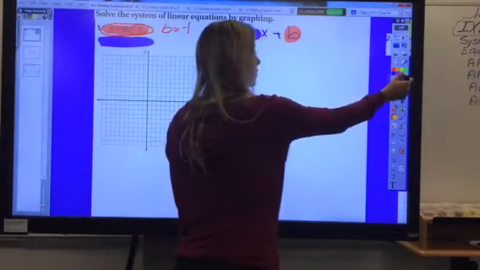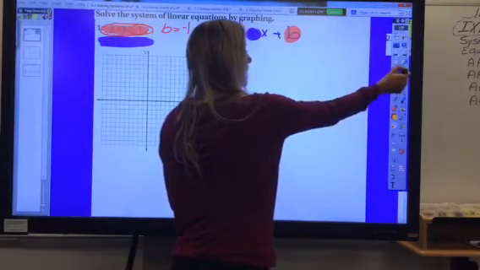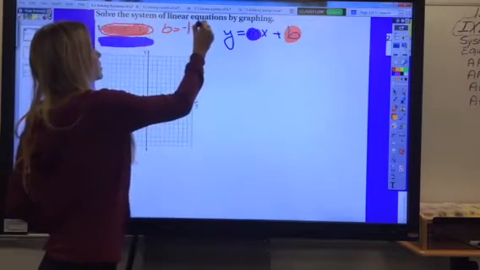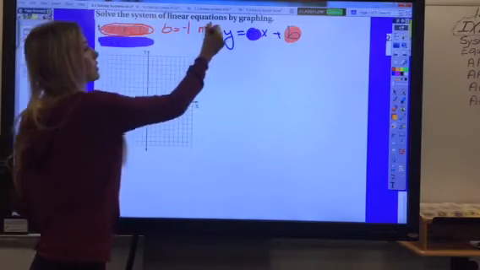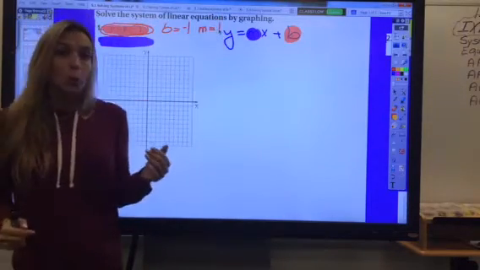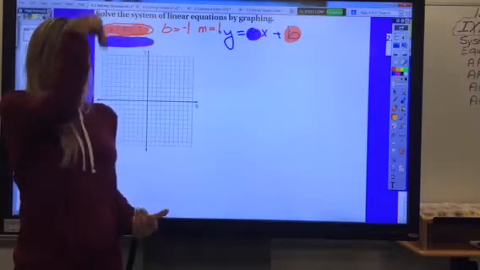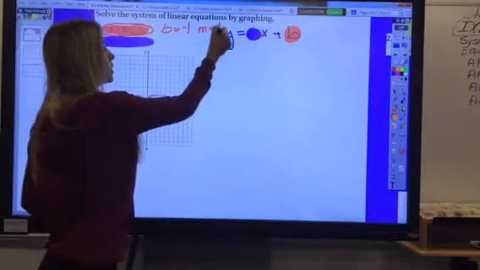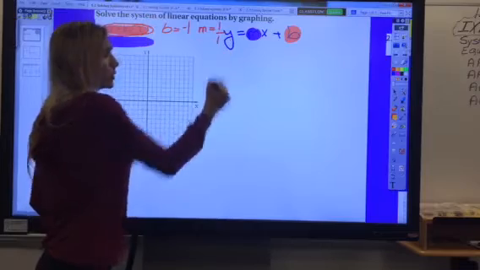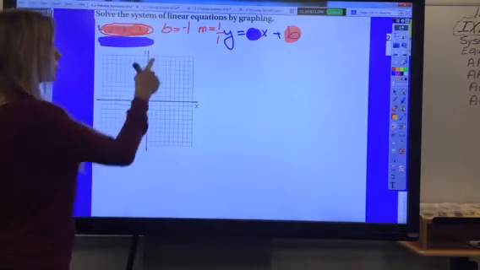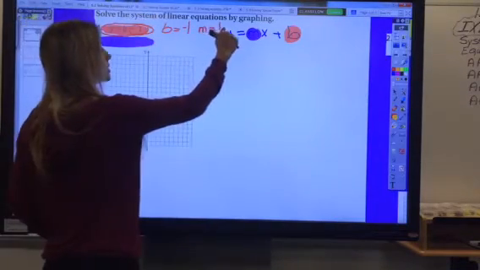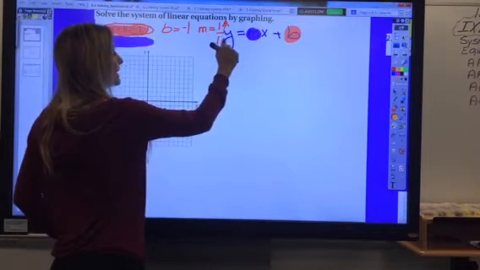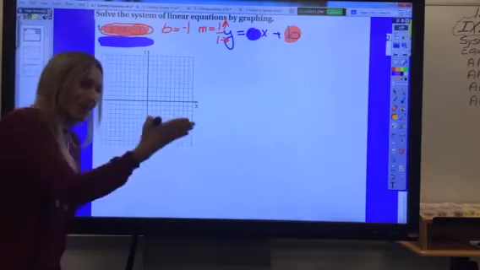So my slope for the red equation, my m for the red equation, is actually 1, right? And now slope has to be a fraction. It's rise over run. So the 1 has to be written as a fraction, which we can always put over 1. So I know if it's +1, I'm going to rise up, and 1 over, and always to the right.